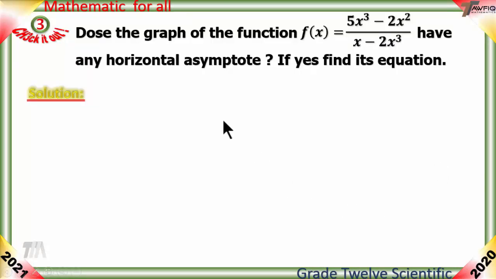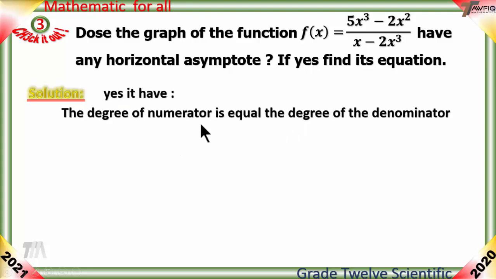Let us see, does the graph of this function f of x equals (5x cubed minus 2x squared) over (x minus 2x cubed) have any horizontal asymptote? If yes, find the equation. As you can see, the degree of the numerator is 3 and the degree of the denominator is 3, so it has a horizontal asymptote.